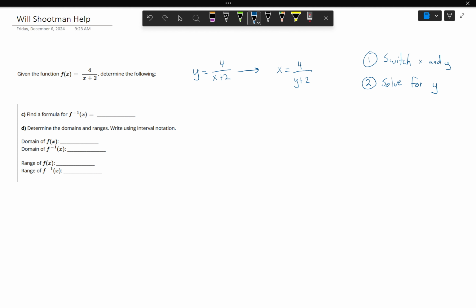So this one's really fun to solve for y. The first thing I get to do is get rid of the denominator here. So I'm going to multiply both sides by this y plus 2 here. I do not know why that's rainbow, because I didn't think I'd selected rainbow, but it looks like I did.